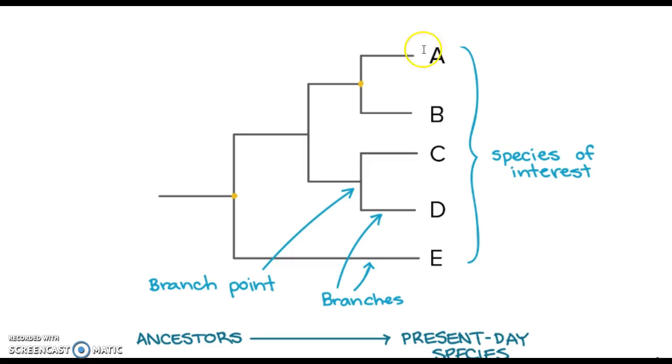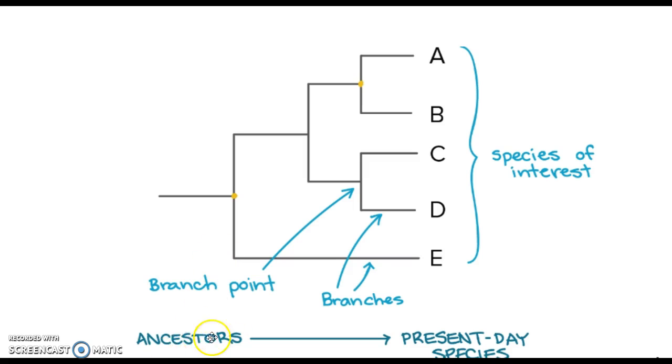So when I look at this phylogenetic tree, I can see that C and D are more closely related than, let's say, B. But I can also say that E is more distantly related to all of the other species because it's kind of its own little branch, right? So the branch off points show you how more similar species are to each other.